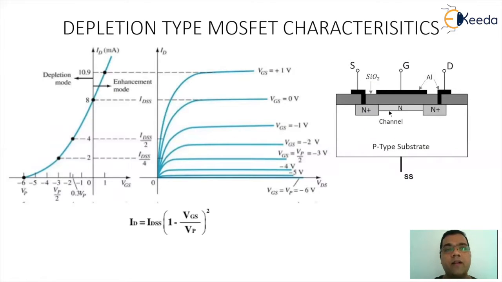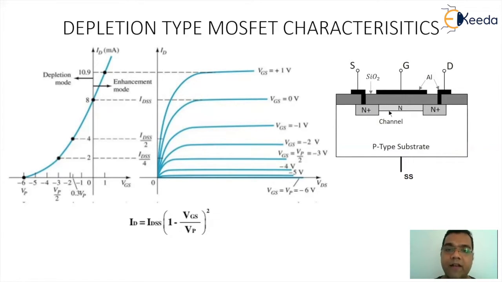So now we are looking at the depletion type MOSFET characteristics. So here we are having the channel present inside the structure. So whenever you try to operate the device, we actually go for a connection or potential at the gate terminal. So if your observation is very sharp, under VGS value as 0, that time whatever current is obtained during the operation, that current will be corresponding to the IDSS.